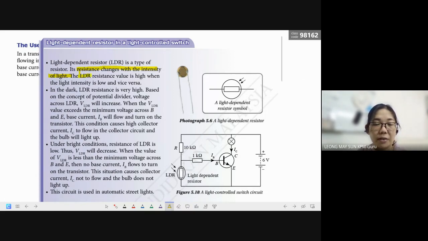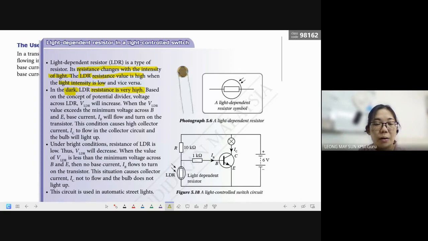Light dependent resistor has high resistance value when the light intensity is low. Meaning during dark at night, the light dependent resistance is very high.